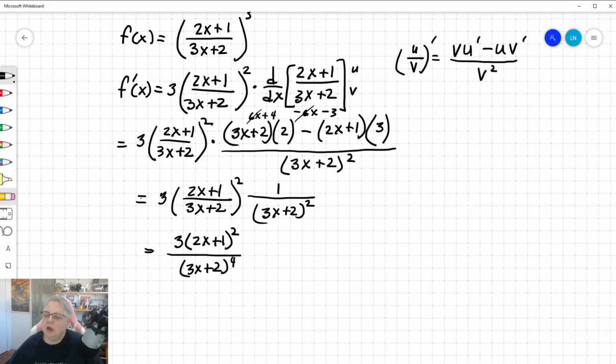All right, now there's a lot of different ways that these functions could be combined, as many as you saw in the last section.